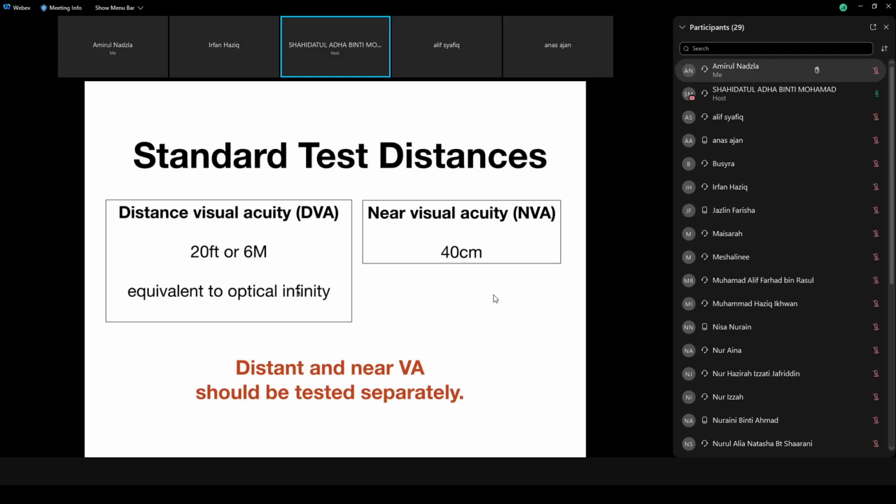For near visual acuity, I put here 40 cm, but it actually depends on the nature of the subject's work or subject task. Some prefer to read or do near tasks at 25 or 30, so we will do at that distance. And distance and near visual acuity should be tested separately.